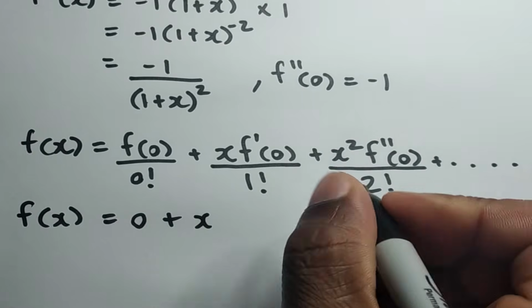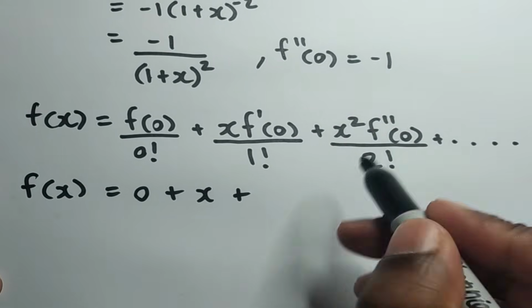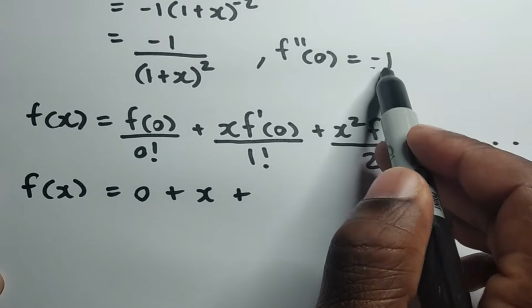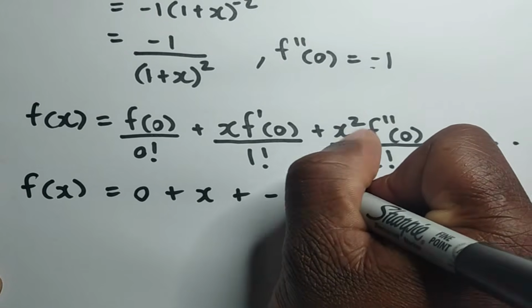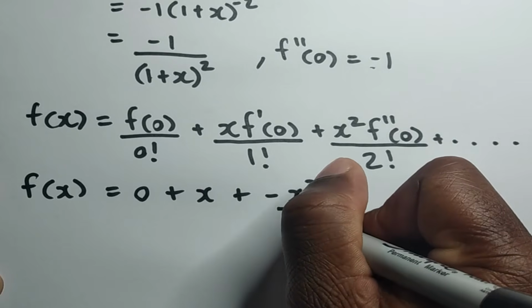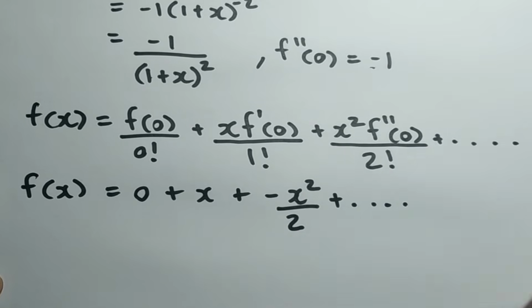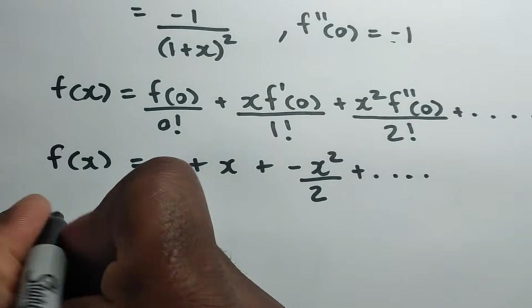So x over 1 is the same thing as x, plus, and here now, the result that we got when we substitute 0 into the second differential was what? -1. Alright, so we'll have negative x squared over 2 factorial, which is 2. And again, we could have had more iterations of this thing, so that's where we'll stop.